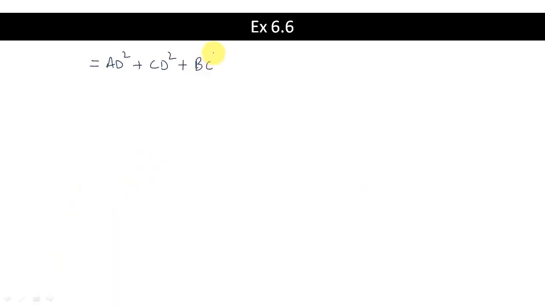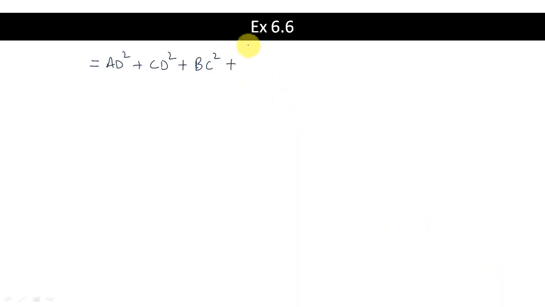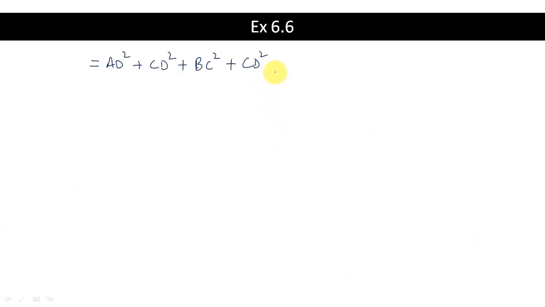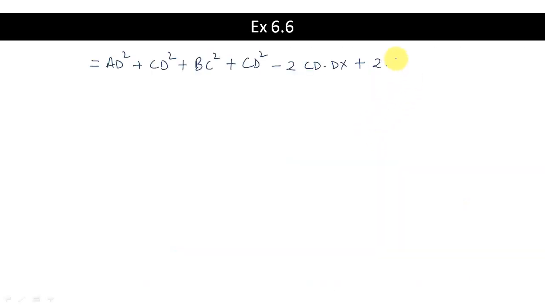So this will be equal to BC square plus the next term CD square, plus CD square. Next we have minus 2 times CD into DX plus 2 times DC into CY.